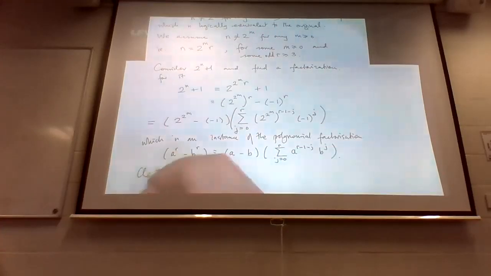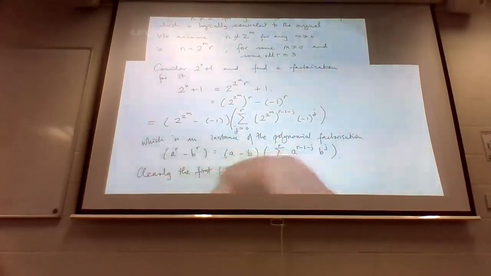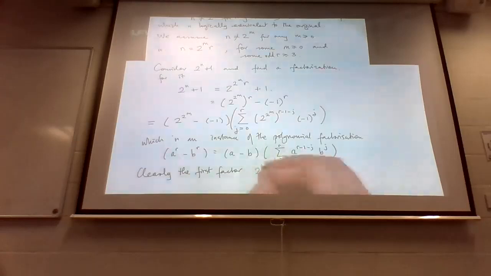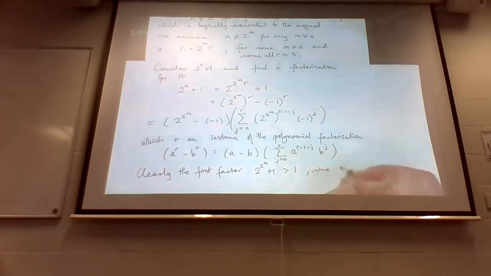Well, we can just focus on the first factor, 2 to the 2 to the n plus 1, because it's minus 1. We can say that this is strictly bigger than 1 since n is greater than or equal to 0.